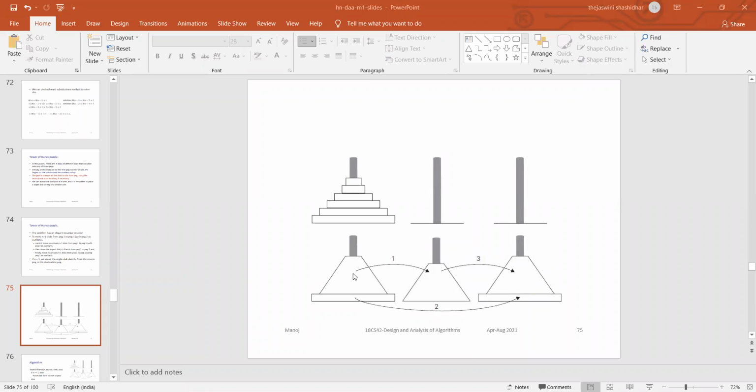You will be moving disks from peg 1 to peg 2. At the first step, if there are n disks, how many do you move? So come for the answer here.